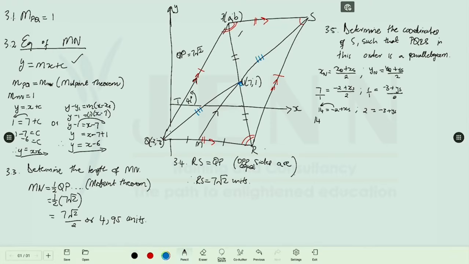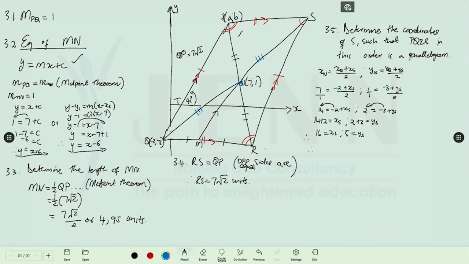So I have 14 plus 2 equals the x-coordinate of S. I do the same approach: -3, I transpose it, it will be 2 plus 3 equals the y-coordinate of S. Therefore 14 plus 2 gives us 16, the x-coordinate of S. 2 plus 3 gives us 5, the y-coordinate of S.